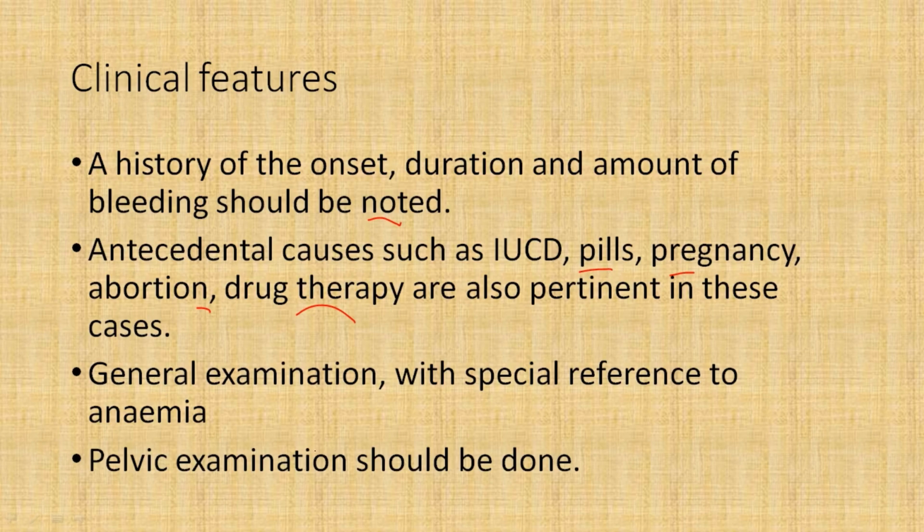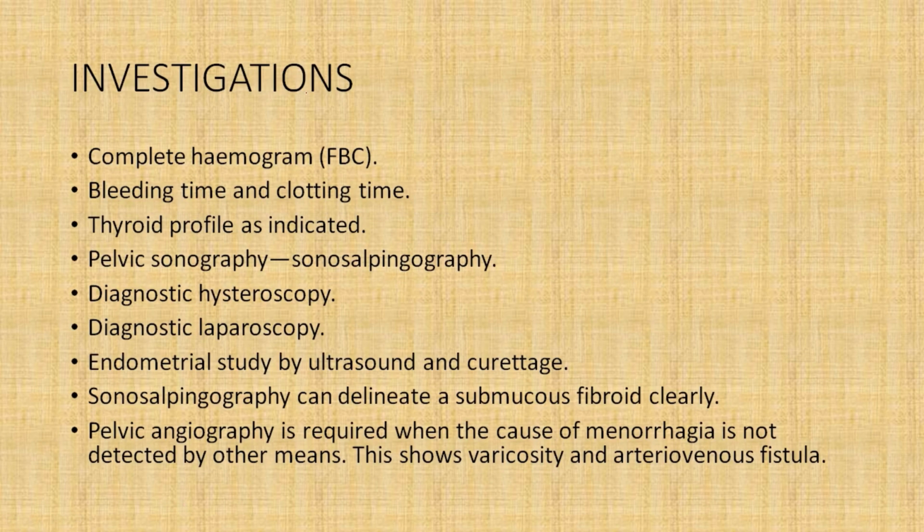General examination with special reference to anemia. So, in your general examination, you should also have it in mind that abnormal uterine bleeding is loss of blood, which would certainly result in an anemic condition. Pelvic examination should be done in case there is a lesion in the pelvic cavity which is resulting in the bleeding. So what are the investigations to be done?